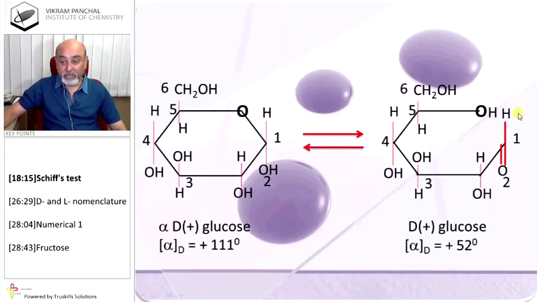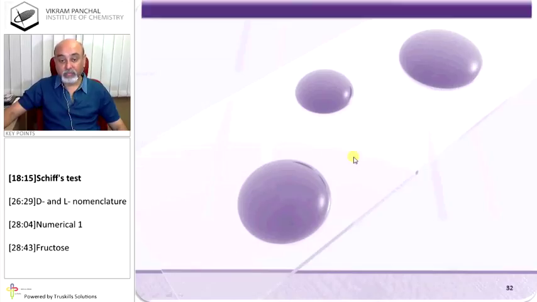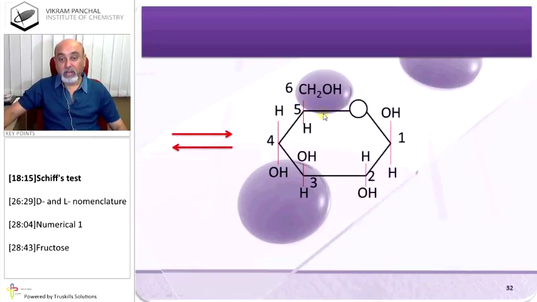And again this can return to the first carbon oxygen and produce the cyclic structure. So this process is reversible. From this open chain structure, it is possible that again hydrogen will transfer to the oxygen of the first carbon, but then OH can shift to the top of this molecule.